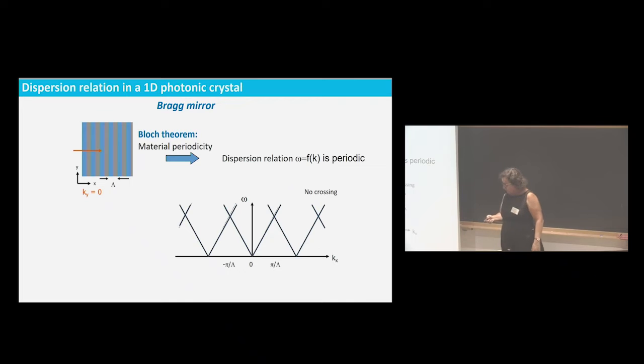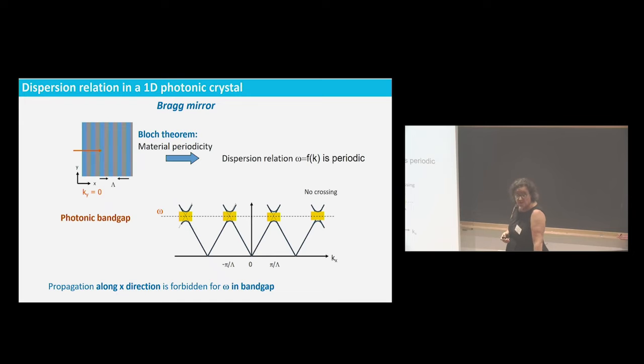So that means that I take these lines, which are here, and I repeat them with the same periodicity. The periodicity is here in terms of the reciprocal space, so I don't speak of lambda, I speak of k here. But here you have crossings, and light does not like crossing and degeneracy. That's why there is an opening.